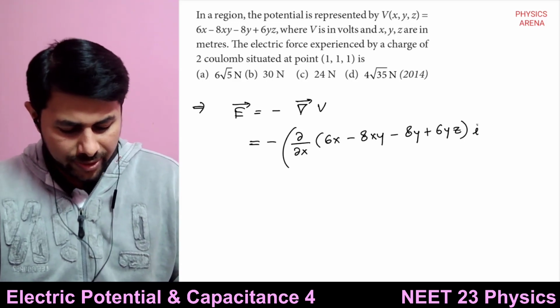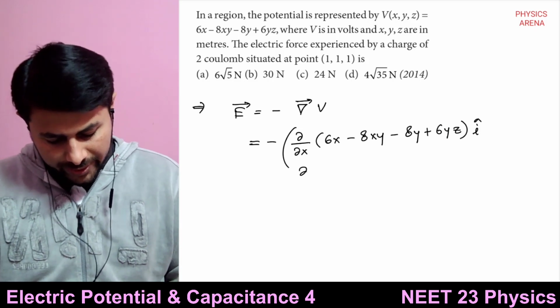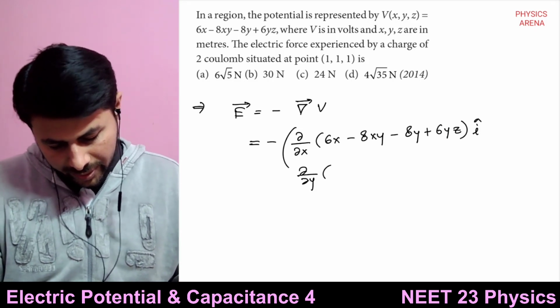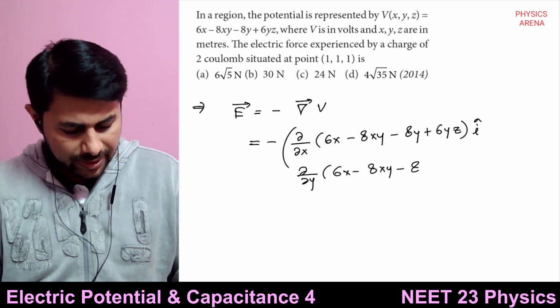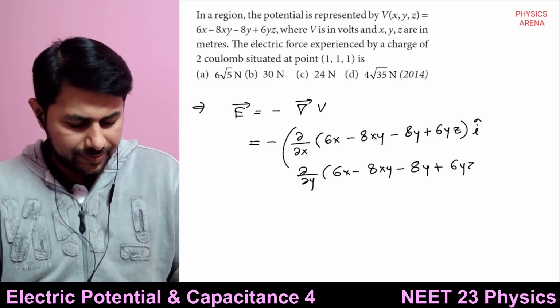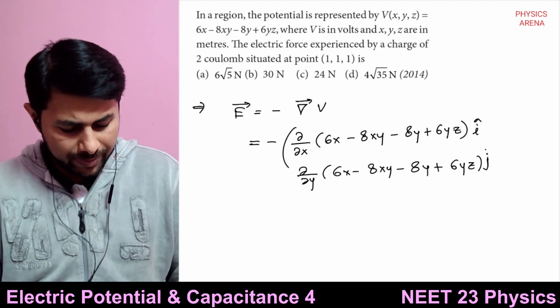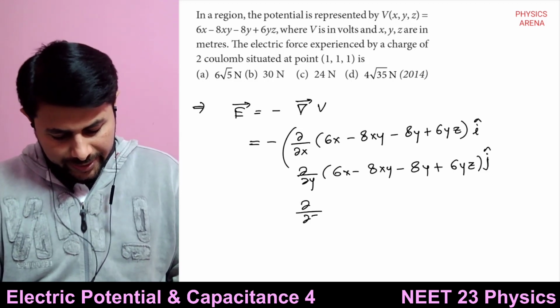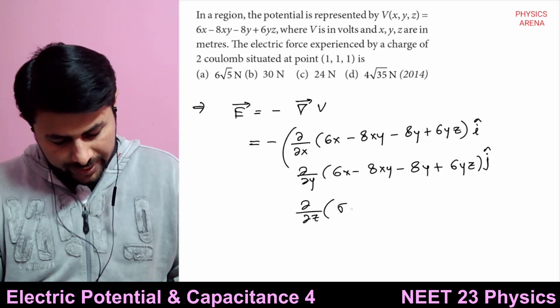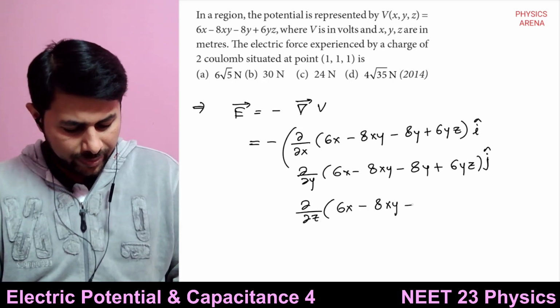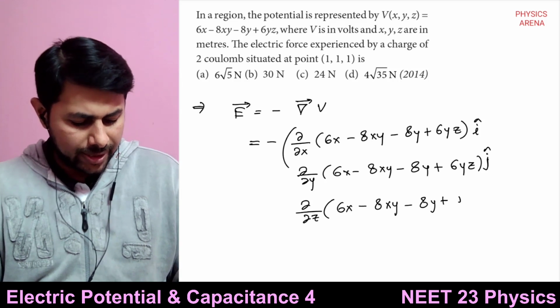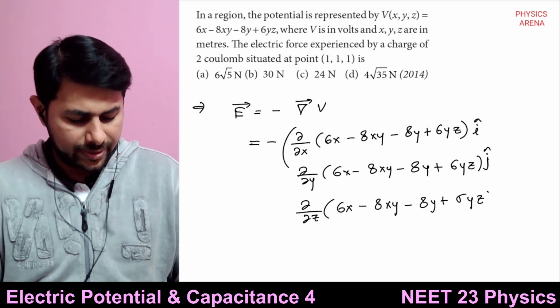Try to calculate in your head. Then del by del y of the same thing, times j cap, and del by del z of 6x minus 8xy minus 8y plus 6yz times k cap.